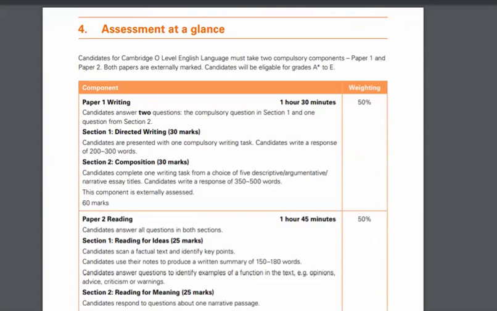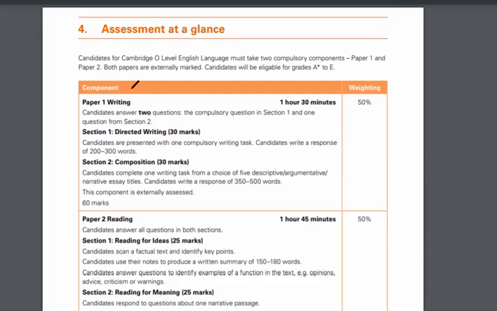Candidates for Cambridge O-Level English Language must take two compulsory components, Paper 1 and Paper 2. Both papers are externally marked, that is, they will be marked by someone outside your region. Candidates will be eligible for grades A star to grade E.